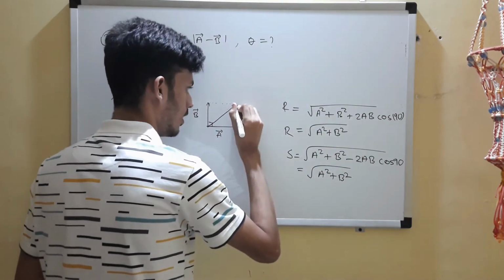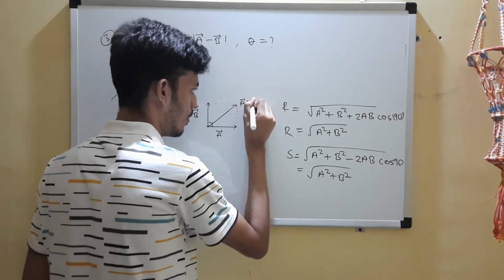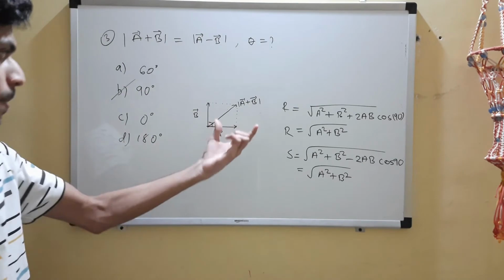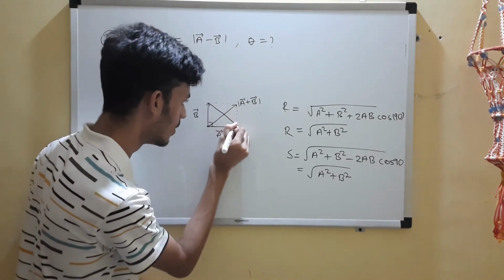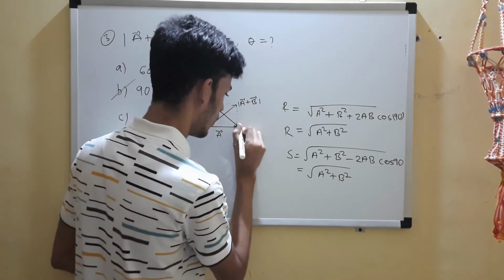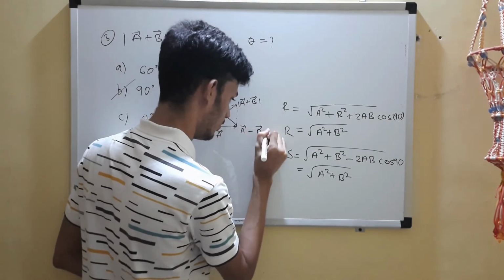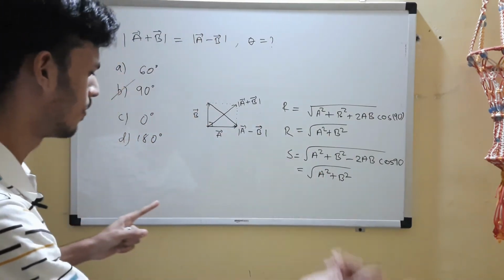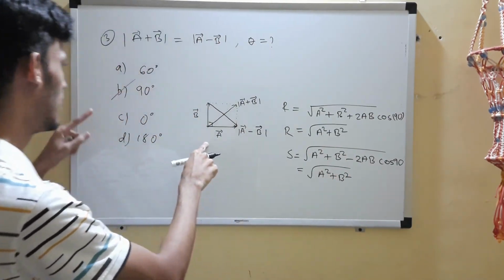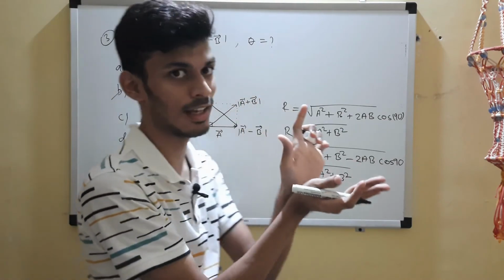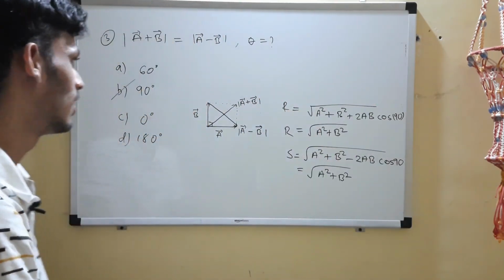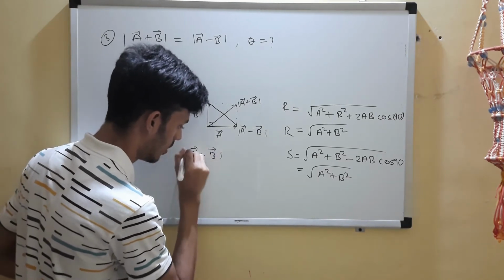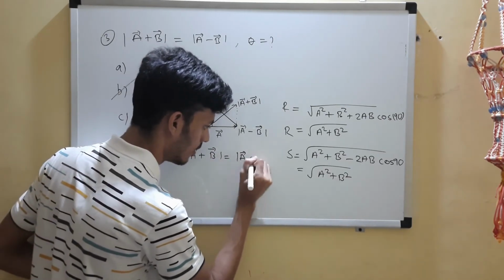This diagonal represents the magnitude of a plus b, and this one represents the magnitude of a minus b, and they will be equal because the diagonals of a rectangle are equal. When the angle is 90 degrees, the parallelogram itself becomes a rectangle. So you can safely say that the magnitude of a plus b is the same as the magnitude of a minus b.